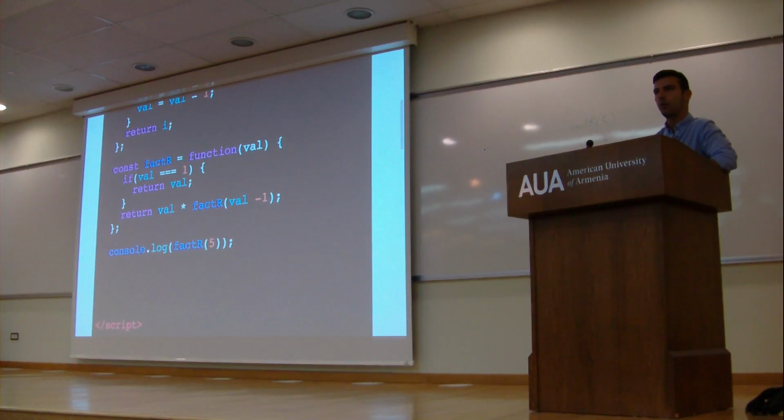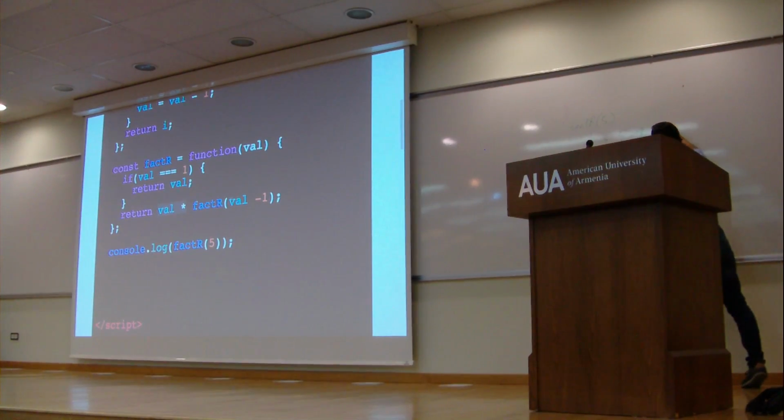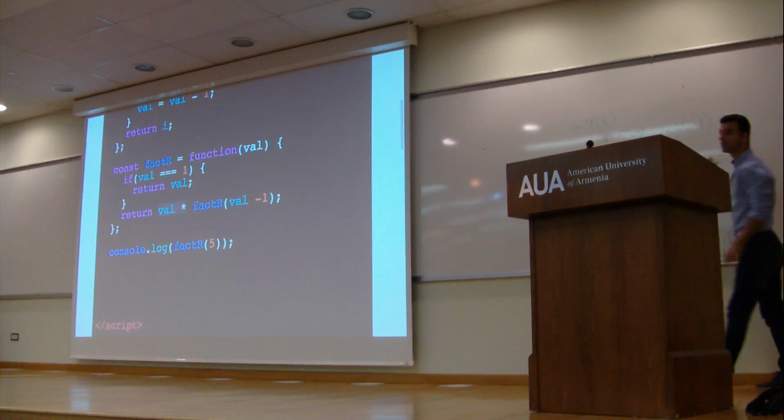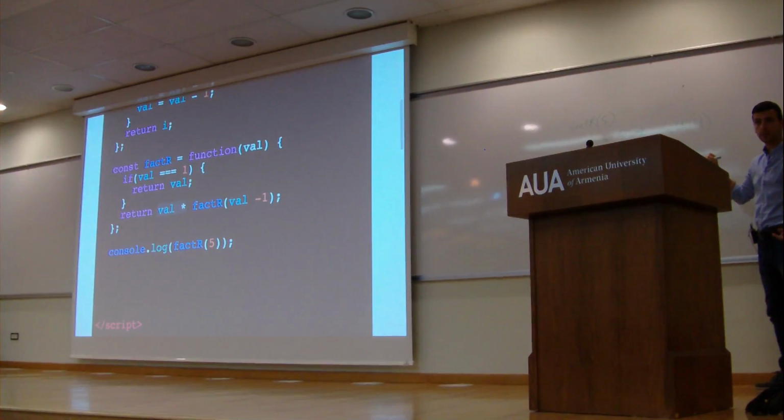Is 5 equal to 1? No. So I do val, which is 5, times, what is val minus 1? 4. In other words, I do times fact R 4. Right?